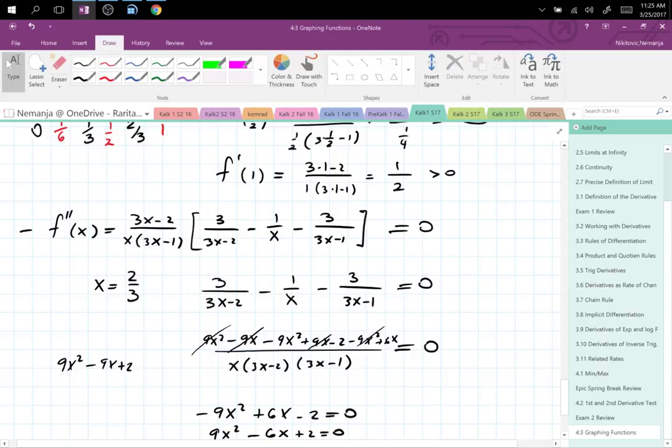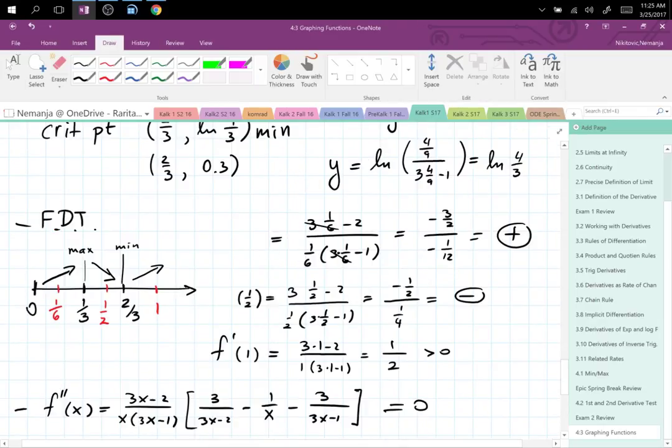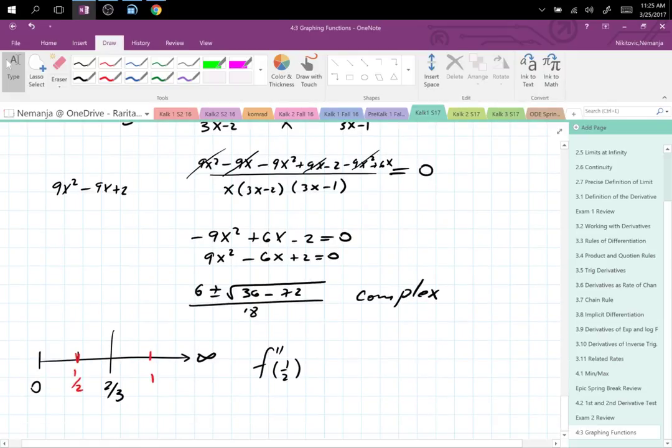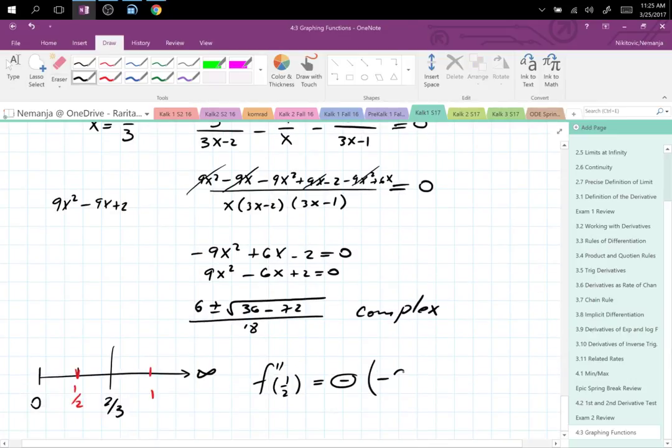Didn't we already compute this thing at 1/2? And we got negative, right? So it's a negative number times, and I just need to compute the parenthesis. So 3 over negative 1/2, that's negative 6.